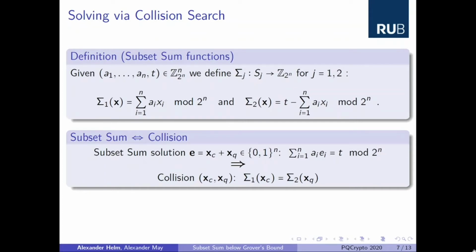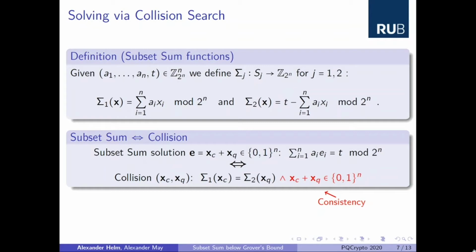So we call this property the consistency of the collision. A collision xc and xq is consistent if the sum of xc and xq is a vector of length n with only 0 and 1 entries. And now we have the equivalence.